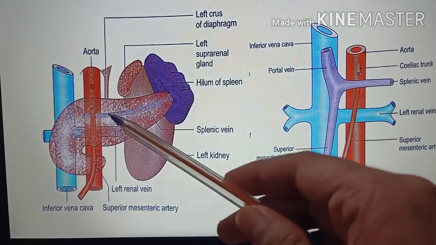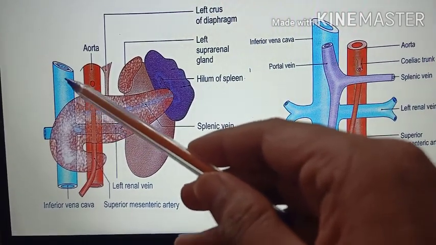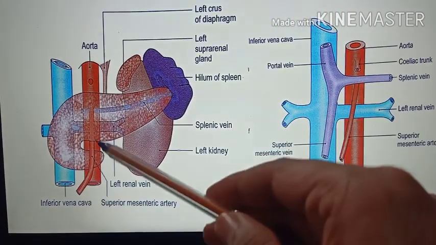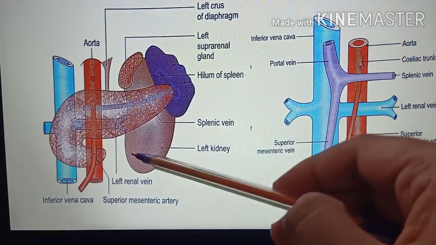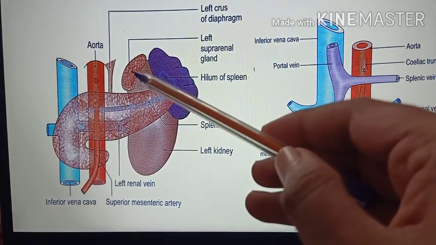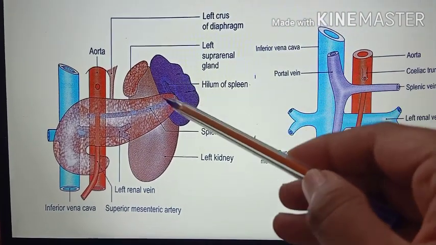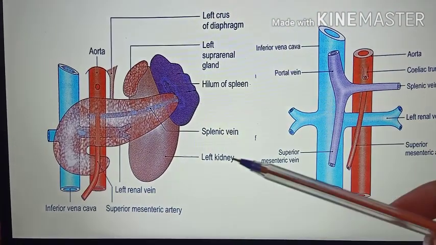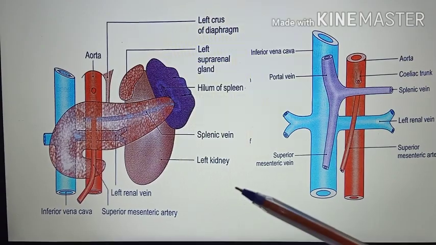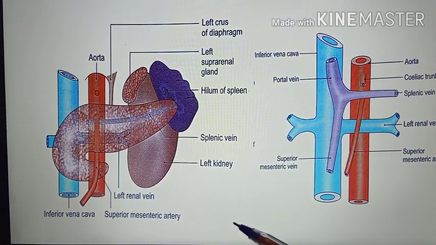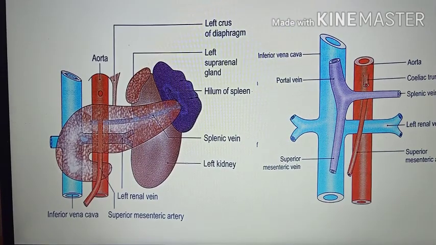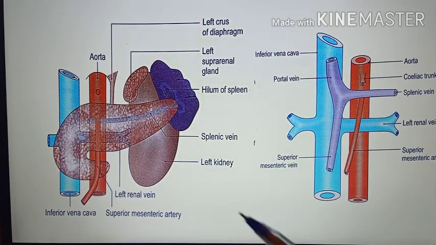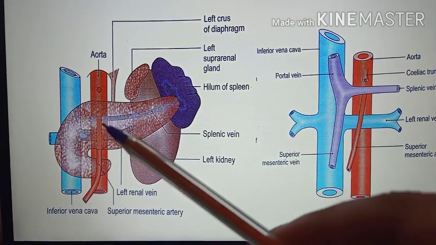In this slide, this is the inferior vena cava, this is the abdominal aorta, then this is the pancreas, then the kidney, left suprarenal gland, and the spleen. The anterior relations you saw were the celiac trunk, then the celiac plexus of nerves, then the superior mesenteric artery.